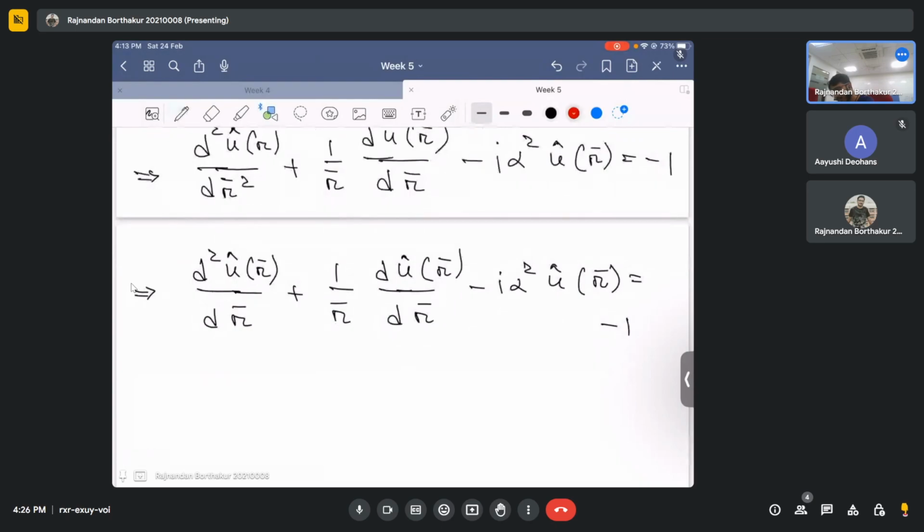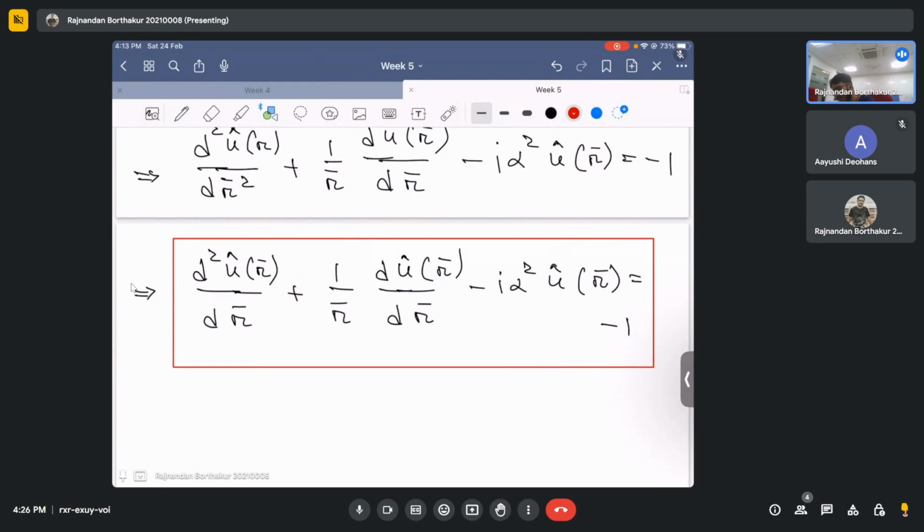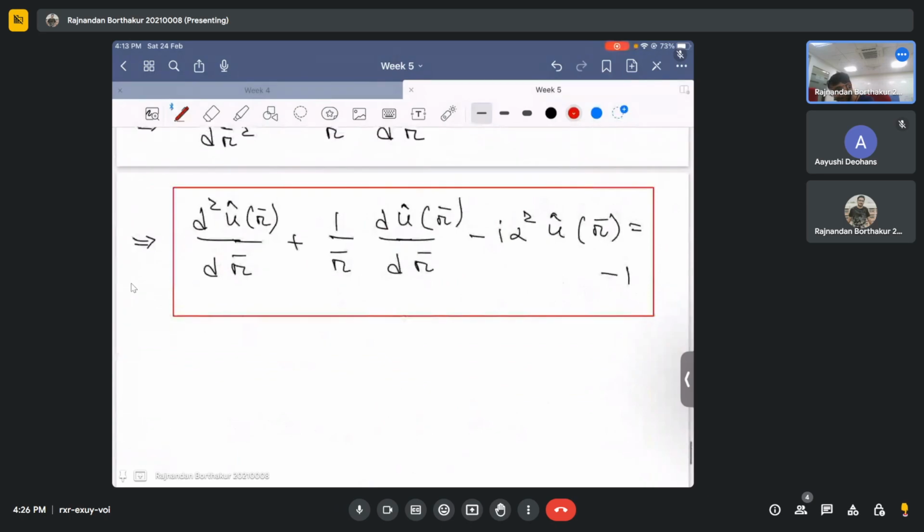So we have successfully transformed the PDE into an ODE in u hat of r bar, and all we need to do now is to solve this ODE. Let's name this as equation 4.